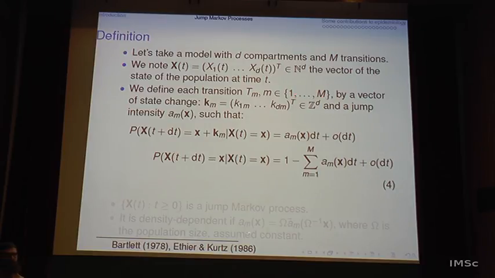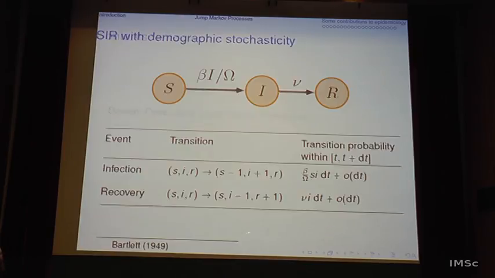So in the SIR model, you have 3 states, 2 transitions, but you can have many more transitions. So we're going to define a vector of state change. For each transition, we define a vector of length the dimension of the state space. That's going to tell me if I'm going to add or remove people in this compartment. So that's really like this. That's the transitions.